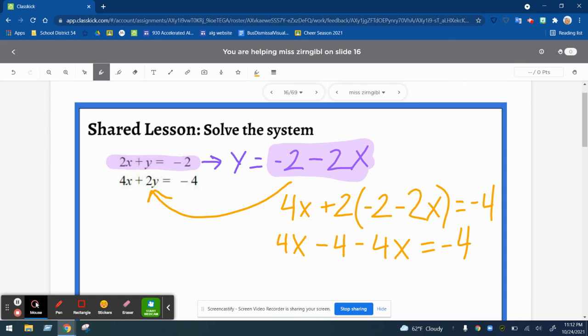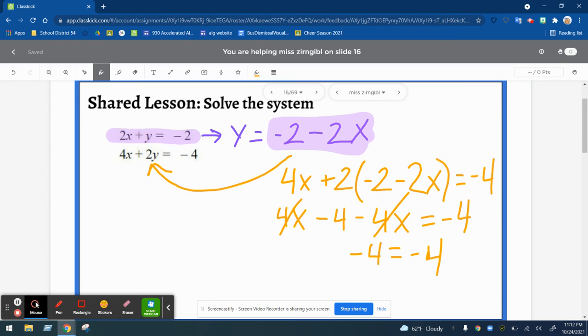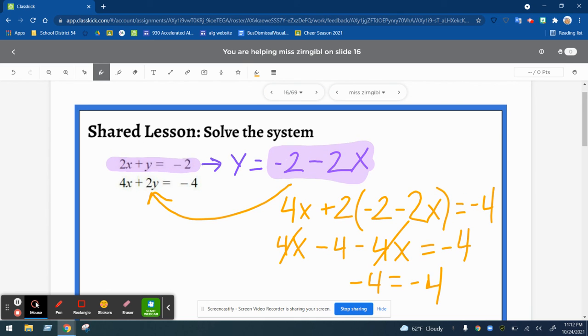Okay, I've got 4x minus 4 minus 4x equals negative 4. So obviously my variable is going to cancel out. 4x minus 4x is 0. And I get negative 4 equals negative 4. So I'm left with a true statement. Whenever I'm left with a true statement, I have infinite solutions.